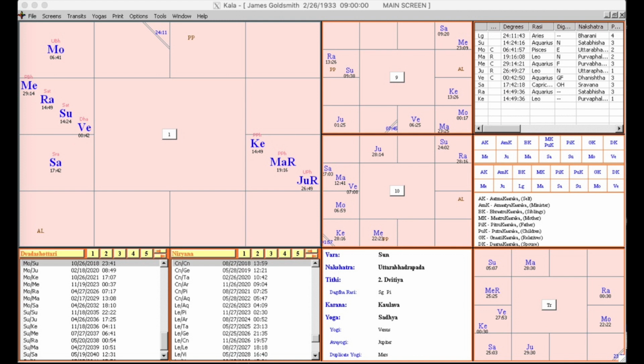Right away, you should know that there's 4 planets in Aquarius. That means this person has strong Aquarius attributes. And you should know this person has strong Leo because he has 3 planets in Leo. And you should know that Saturn is in his own sign in Capricorn. That doesn't make just any Saturn, but this is a special Saturn because Saturn is in Capricorn.